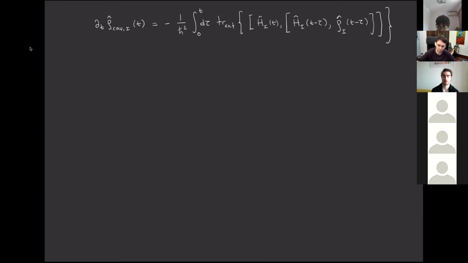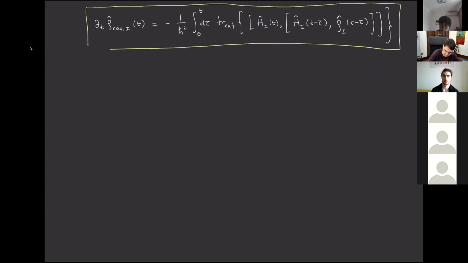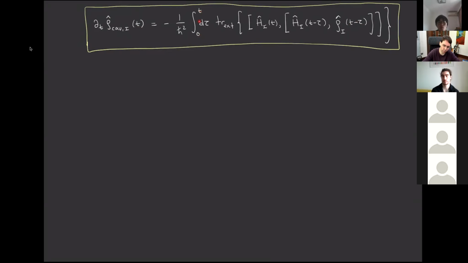Okay, so why did I make the variable change? Is just because now you see that, so let me remark it. Now you see that essentially the state at time t depends on the whole history from time t to time t minus tau, but tau goes through the whole history from 0 to t, okay, of the previous stages.